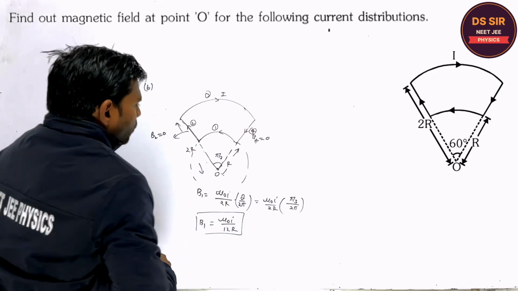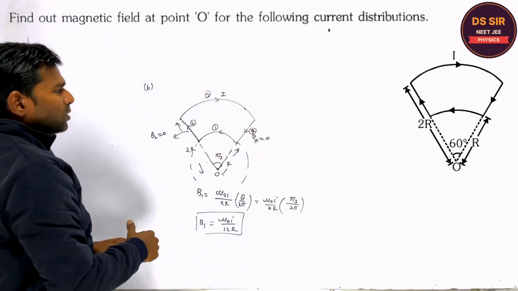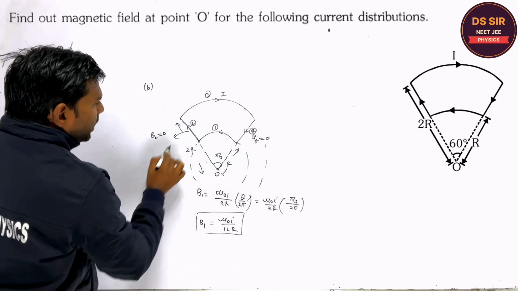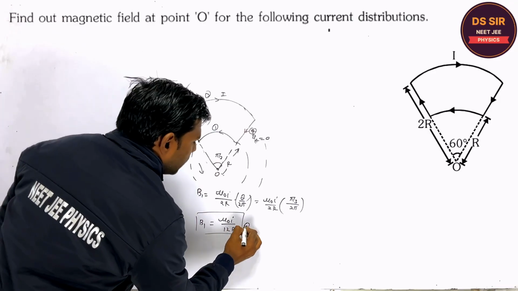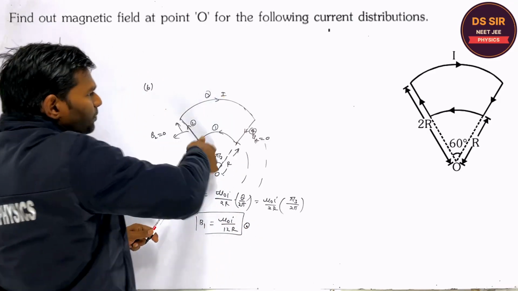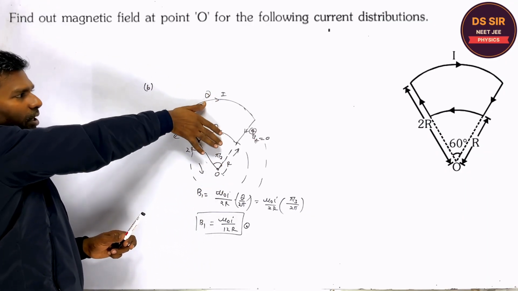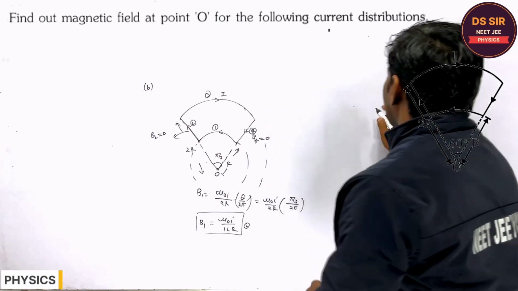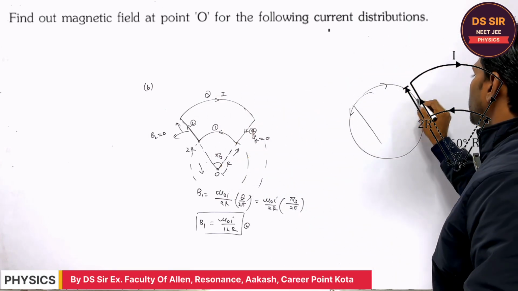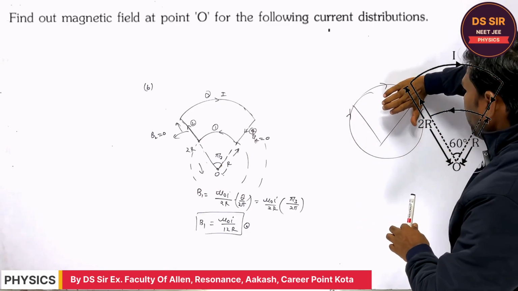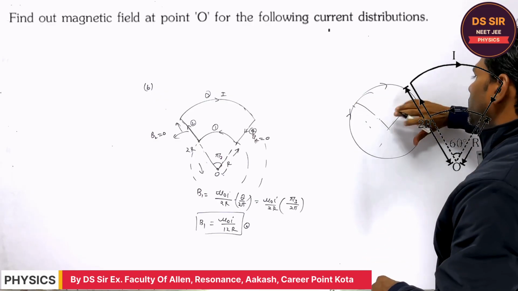Yes. Now if you consider the third part, the magnetic field is into the board, and the radius of this is 2r. Because of this part it is out, and because of the third part it is into the board. Are you getting this thing or not? Yes. If this is the current in this loop, the magnetic field is into the board.